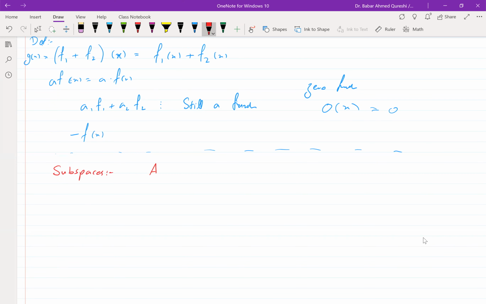If you have a vector space V, a subset of V is a subspace if it itself is a vector space.